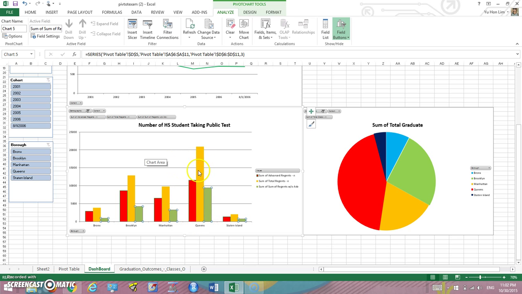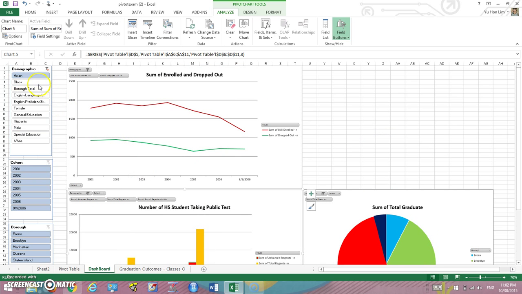The Asians are taking a lot of Regents tests in Queens compared to the other four boroughs, and about 1.5 students who take the total Regents test also would like to take the advanced Regents test.